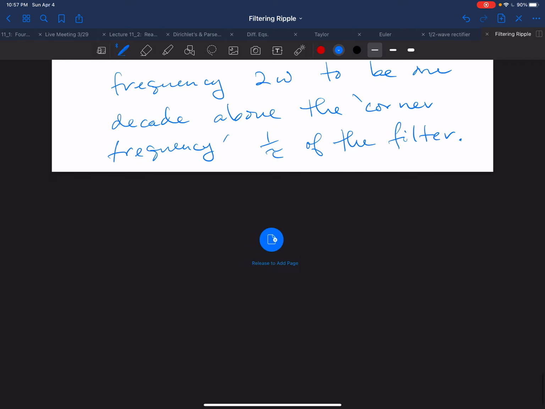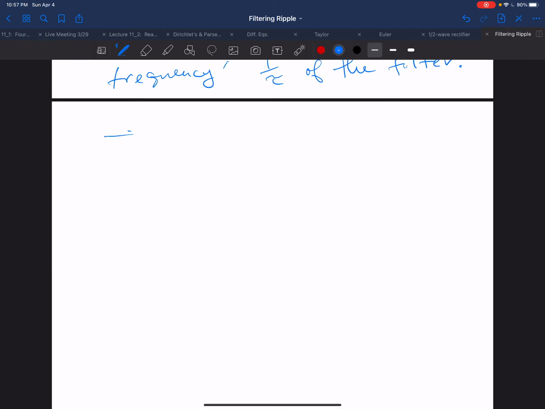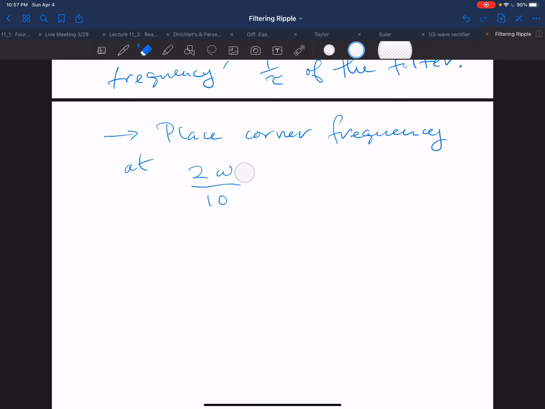So let's try then designing our filter so that its corner frequency is 1 decade below this frequency 2 omega of the lowest frequency sinusoidal component.